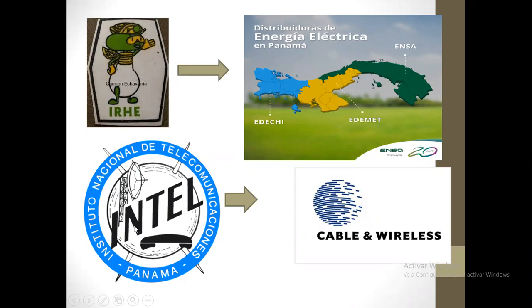También el Estado vendió el Instituto Nacional de Telecomunicaciones de Panamá, el INTEL. Now they sold it to this company, and now this is the one in charge of all the telecommunication and internet, everything that relates to communication here in Panama, Cable & Wireless, okay?